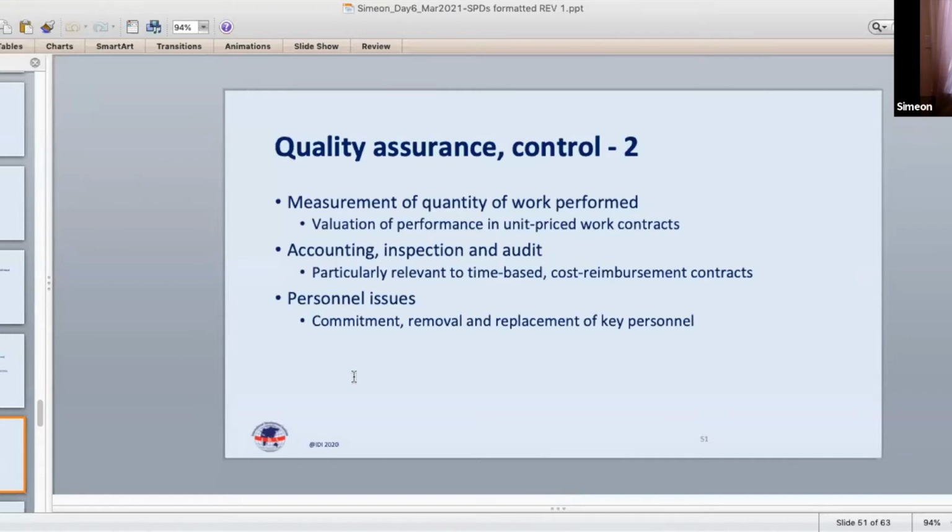So that's where these sorts of accounting and audit provisions come in.